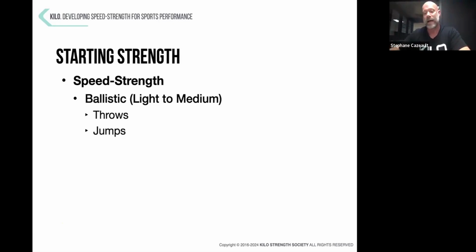The implement is so light that the time of your movement is too short to truly allow a lot of force output. So when you're training starting strength, you need to be really fresh from a neural perspective, but you need to have a background in explosive strength. To try to build starting strength without first building explosive strength is a little counterproductive.